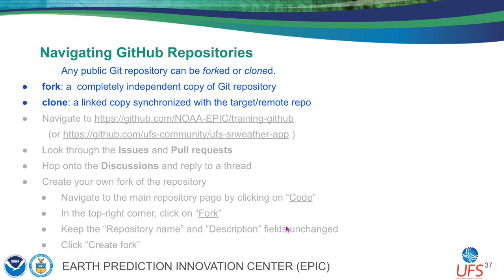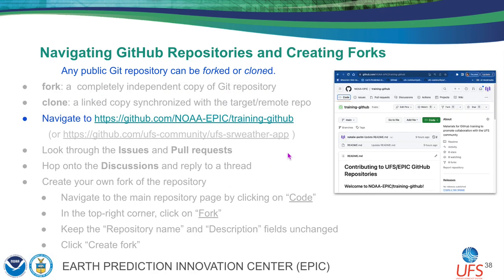Whereas a clone is a linked copy, usually a local copy, that is synchronized with the remote repository. So next we can navigate, for example, to our NOAA EPIC training GitHub repository.